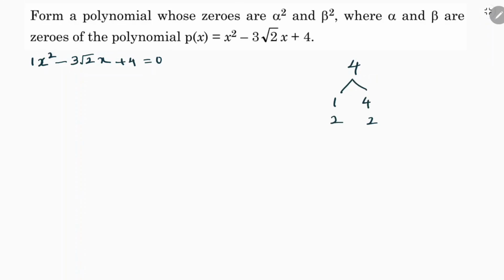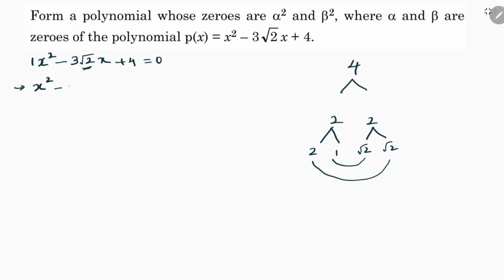As I need root 2 here, I'll take this pair. 2 into 2, I'll write as √2 into √2, and the other one I'll write as 2 into 1. I need 3√2, so 2√2 and 1√2. These are the factors.